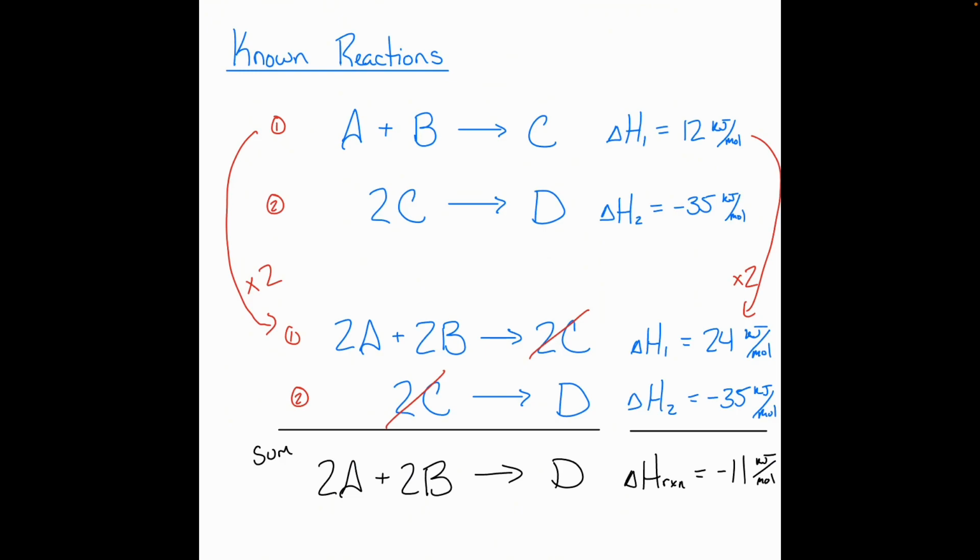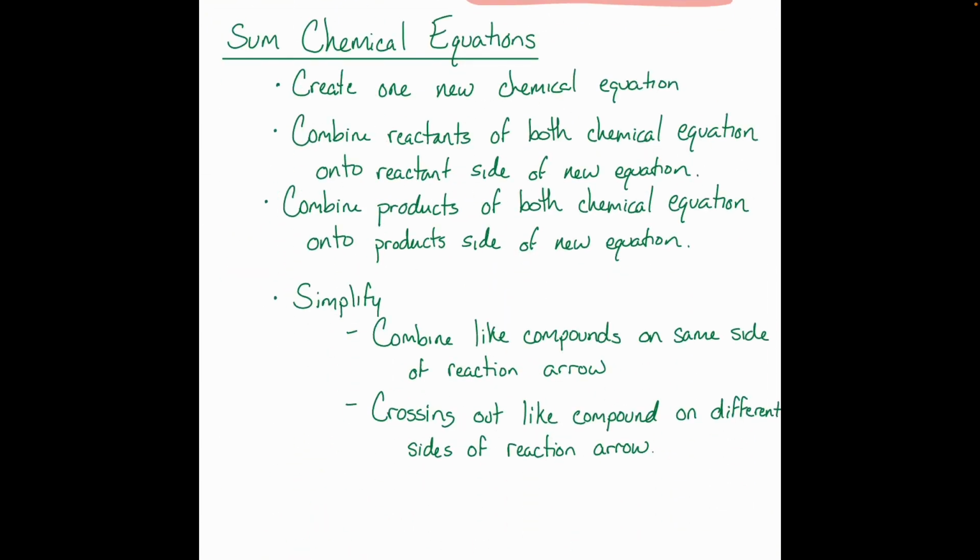All right, so this method of combining these known chemical reactions in order to find the enthalpy of an unknown reaction. Importantly, two tricks that we use here when combining chemical equations.